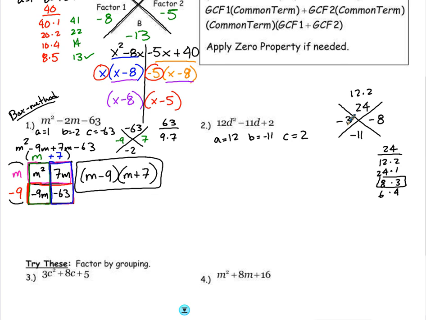So the one is 12d squared minus 3d minus 8d plus 2. If you want to do factoring by grouping, you can do that. Or if you like the box method, you can do that as well.